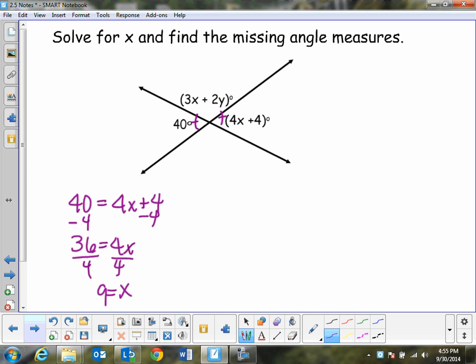And we don't really have to plug it in here because this is already 40, so this angle is going to be the same. And then we know that a linear pair is supplementary, so that makes this 140, which makes this angle 140. And so the last thing that we should do is just solve for y. So 140 degrees is equal to 3x.